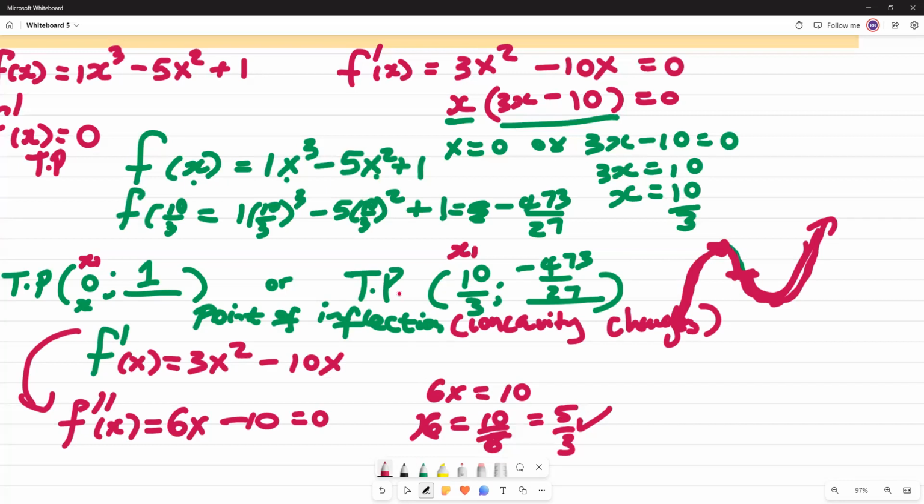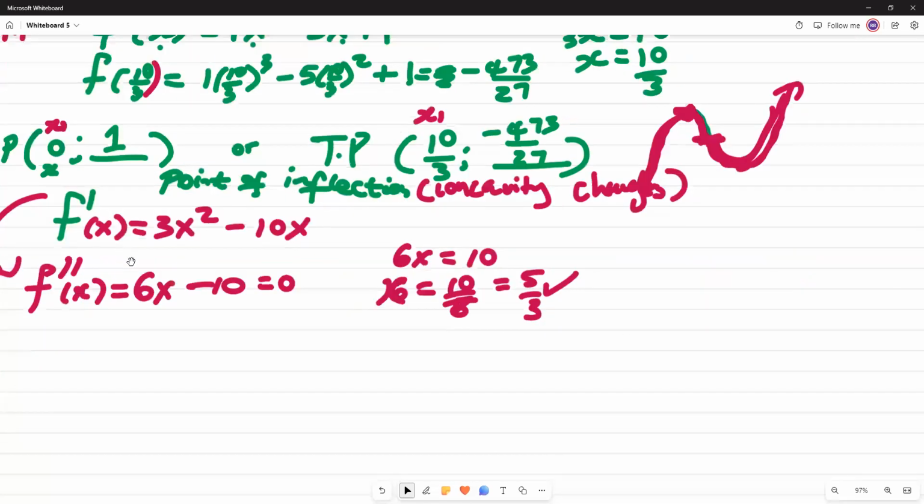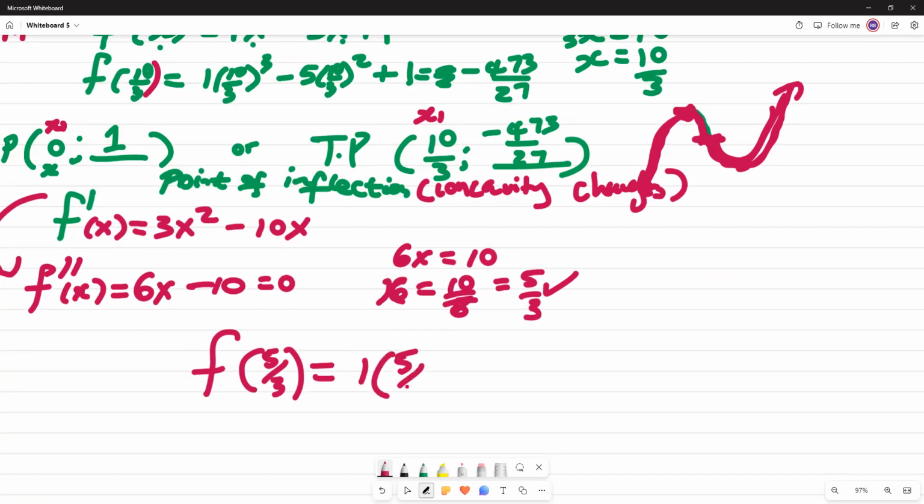Perfect. And then now we have the input. We can put it in the f(x) here to get what our output is, right? So basically, we're looking at f(5/3) equals 1(5/3)^3 minus 5(5/3)^2 plus 1. Let's see what that gives us.